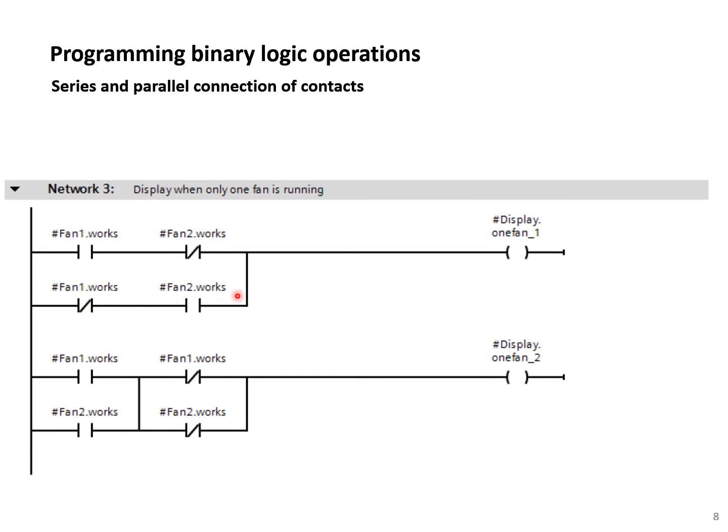And this is basically for the opposite, if fan 1 doesn't work but fan 2 works. Okay, so either this branch or this branch could turn this pilot light on, and this pilot light only goes on when one of the fans works.